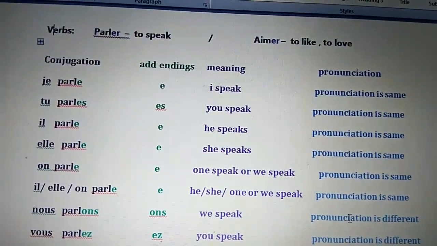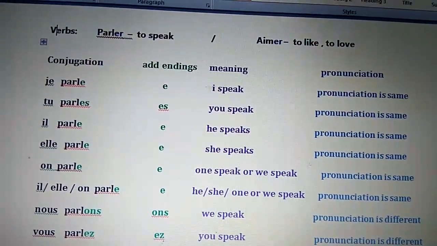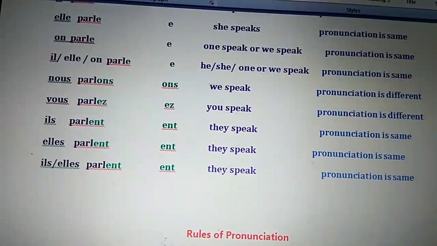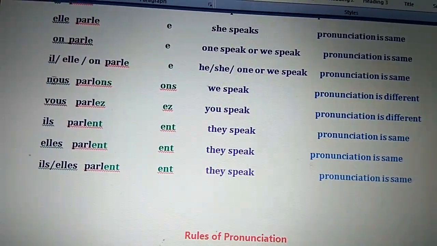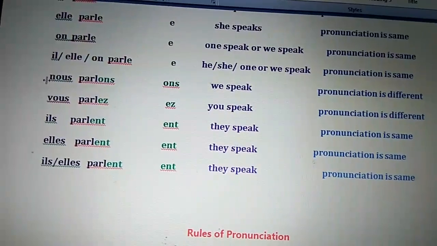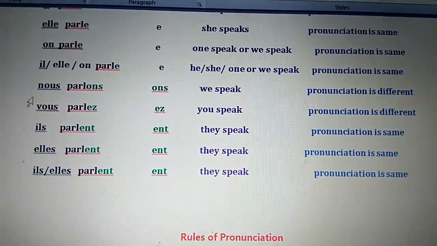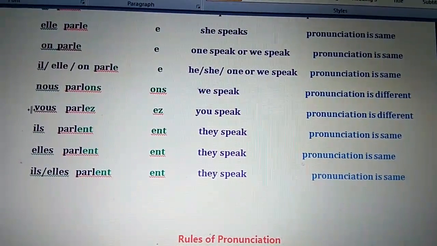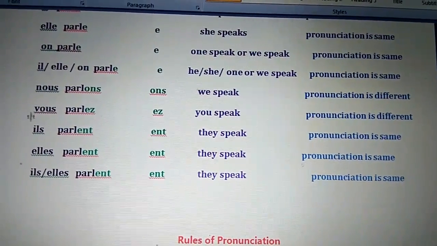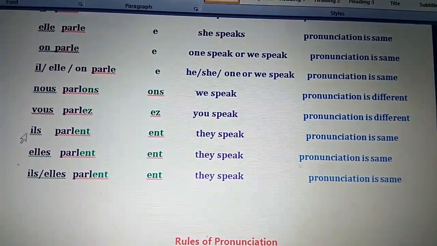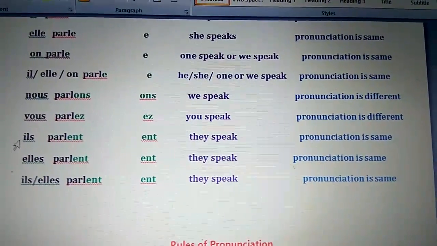Now let's go to the next one, which is nous. Here you can see, nous parlons, that means we speak. Next, vous parlez, that means you speak. Now here is ils parlent, the masculine, meaning they speak.